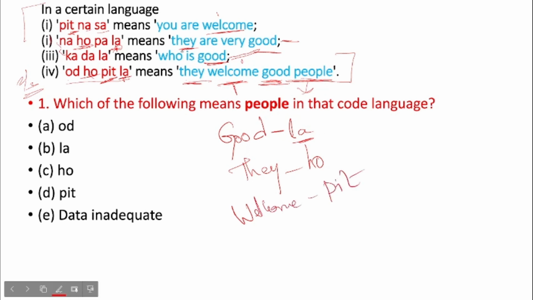The remaining word in the coded fourth statement: we have HO, we have PIT, we have LA, so OD would be the code word for people, right? OD, code word for people.